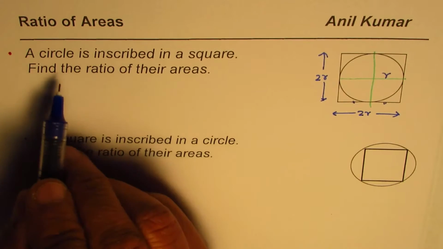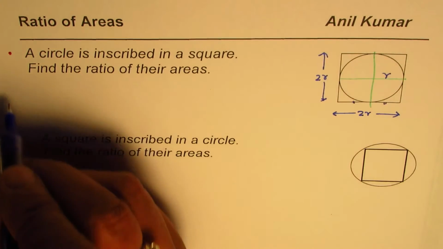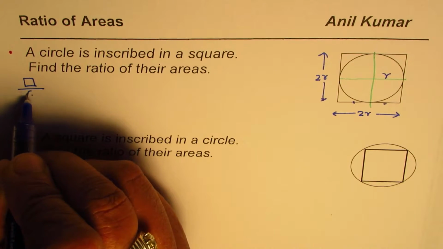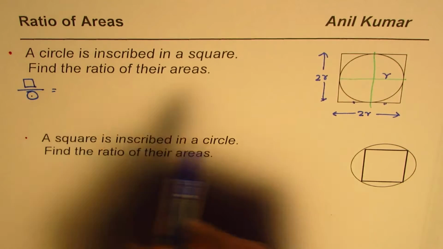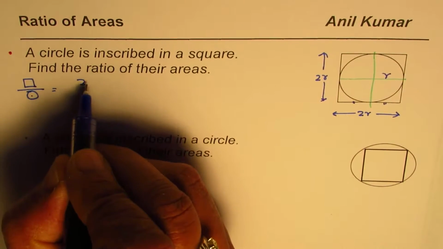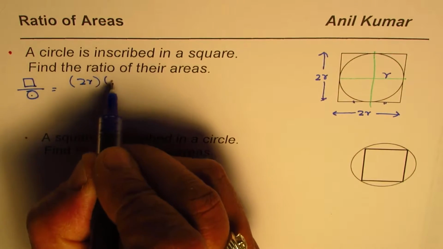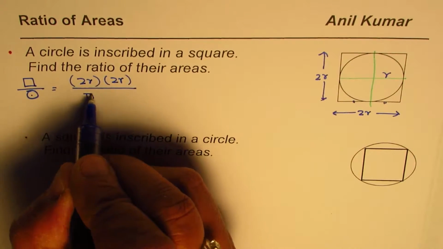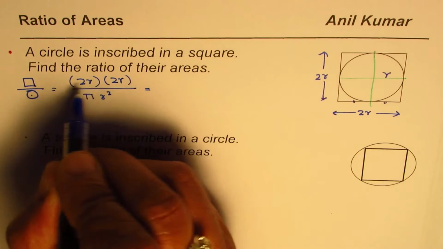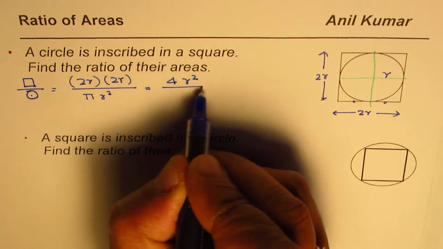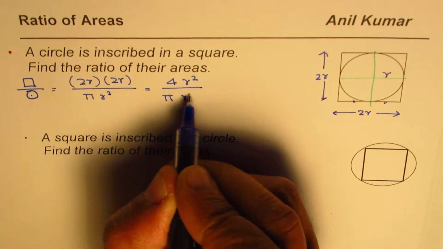When we say ratio, let us put the square area on the top divided by the circle area. What is the area of the square? It is length times width, which is 2r times 2r, and the area of a circle is pi r square. So you could write this as 2 times 2 as 4 r square divided by pi r square.